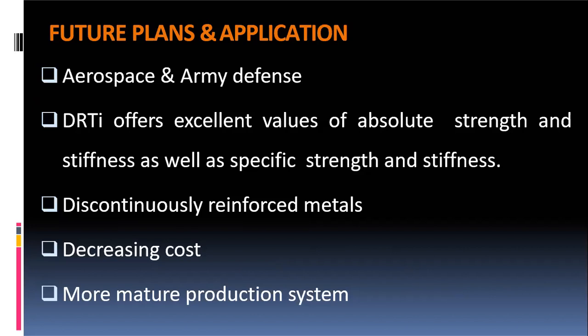We have covered all the major topics, that is advantages, applications and processing methods of the metal matrix composites, and future plans and different mechanical properties, that is Young's modulus and specific strength and stiffness. So we have covered all the different varieties of metal matrix composites.